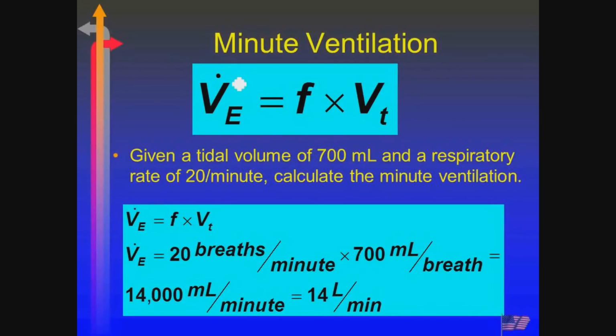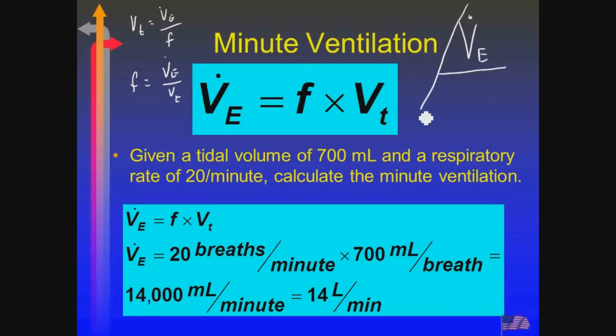And recall also that I can take this and solve for tidal volume or solve for frequency. One of my students a few years back showed me this, so I'll share it with you.